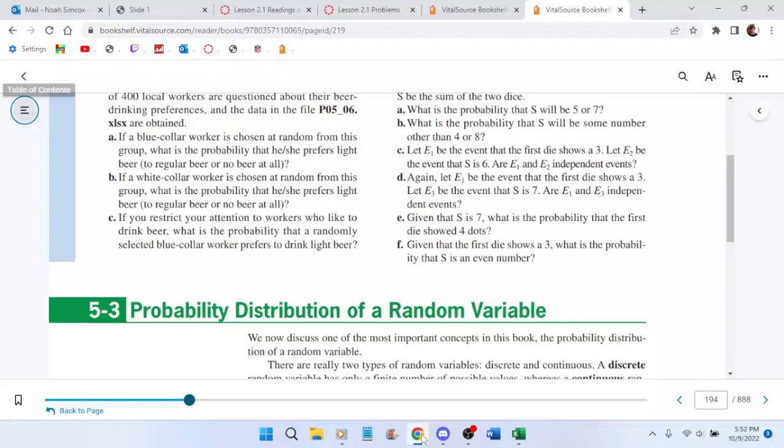And then blue collar worker. Oh crap, this is more complicated. Wait, no it's not.